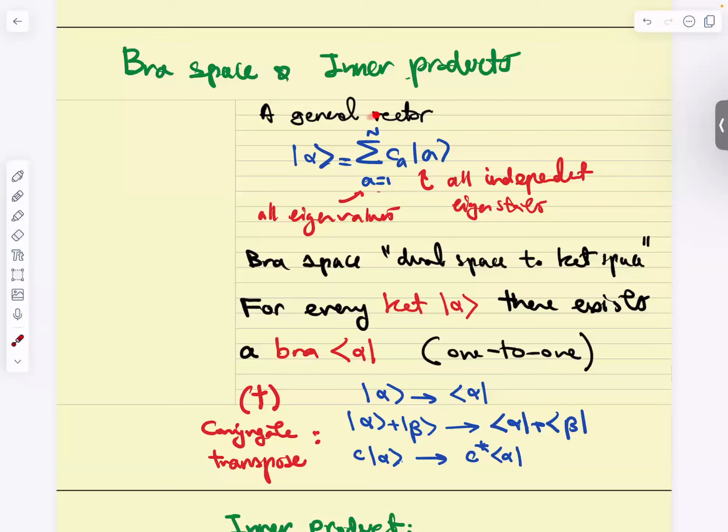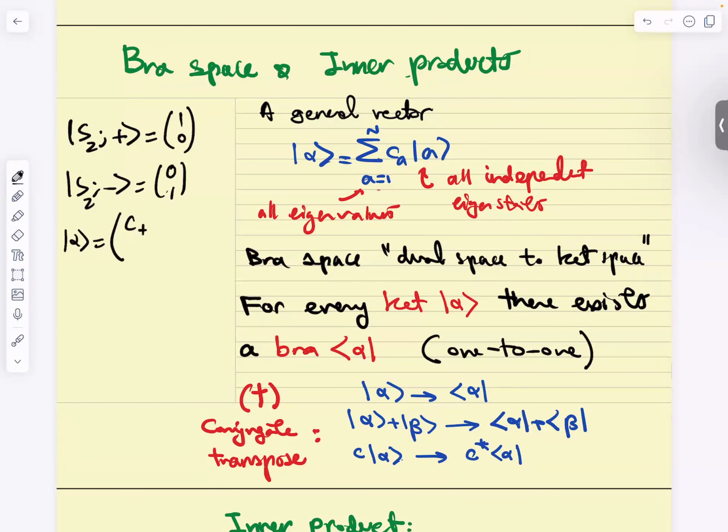So a general vector can be written as a sum over independent eigenstates. In the case we're discussing, we had S_z plus and S_z minus. These span and provide a basis for the two-dimensional vector space. So I can take a general vector in this two-dimensional complex Hilbert space and write it as a sum of these. I think we wrote these last time as the column vectors 1, 0 and 0, 1, with alpha given by coefficients c plus and c minus.